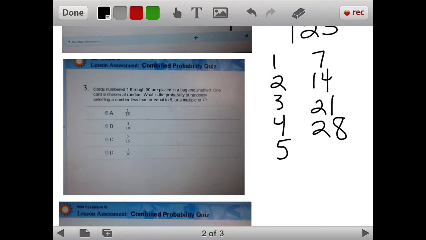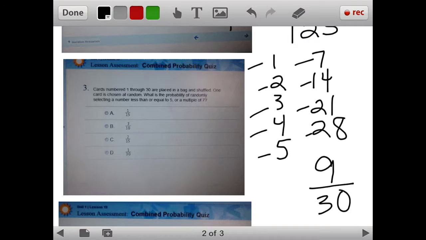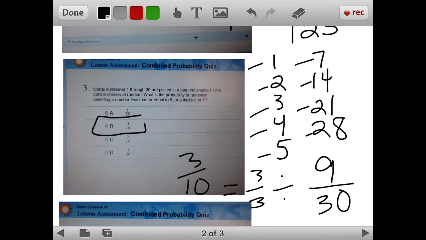So I have a total of 1, 2, 3, 4, 5, 6, 7, 8, 9 possible outcomes out of the total possible outcomes, which would be 30. So that's 9 over 30. I can simplify by dividing by 3 over 3, and I get an answer of 3 over 10. So that answer would be B.